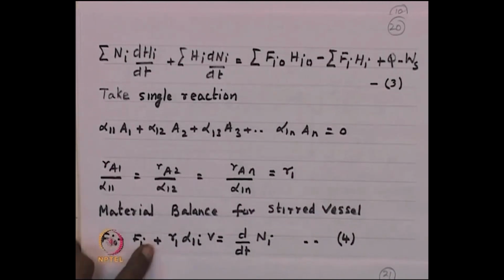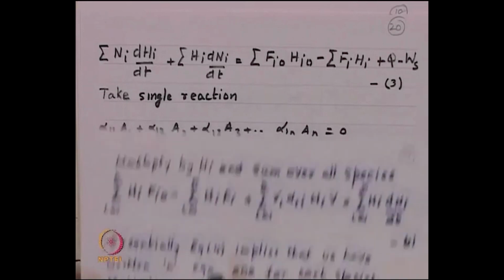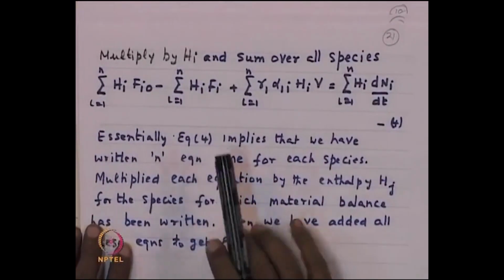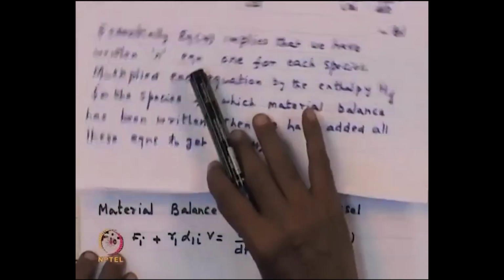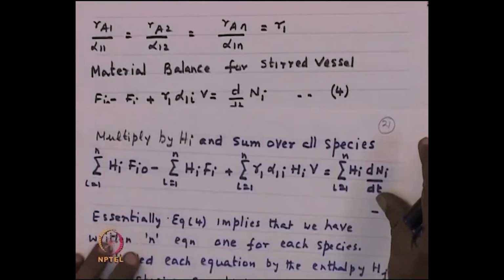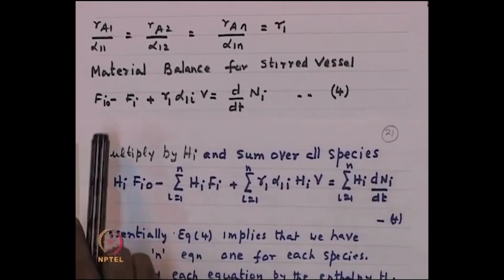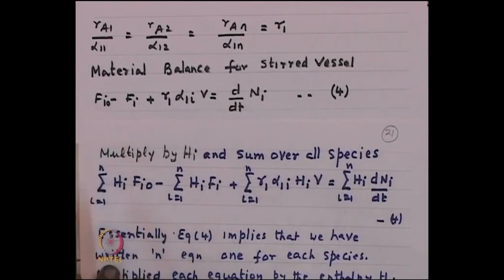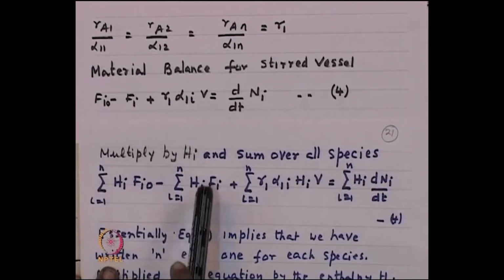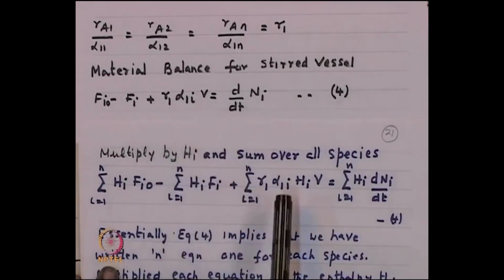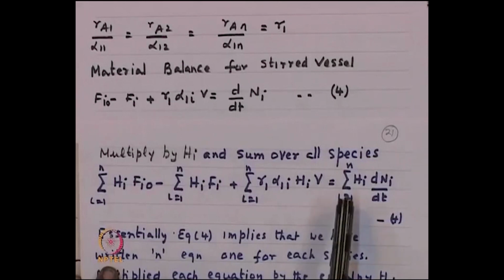Then what will I get? H I F I 0, H I F I, and then the last term. So, I have multiplied this by H I, therefore, it becomes H I F I 0, H I F I, and then I multiply this term by H I and sum over all species. Therefore, I get R 1 alpha 1 I H I V equal to H I d N I by dt, summed over all species.